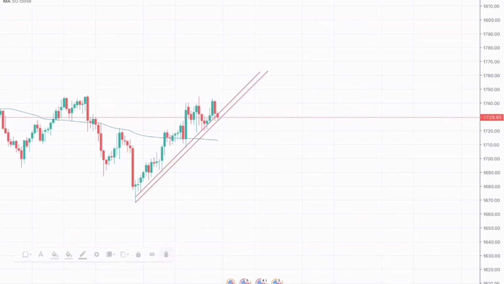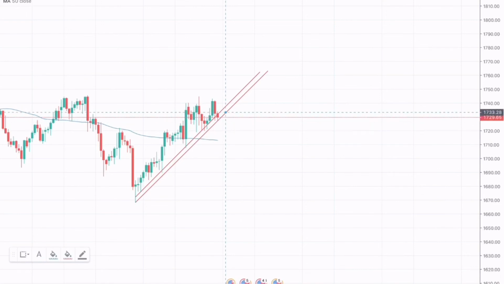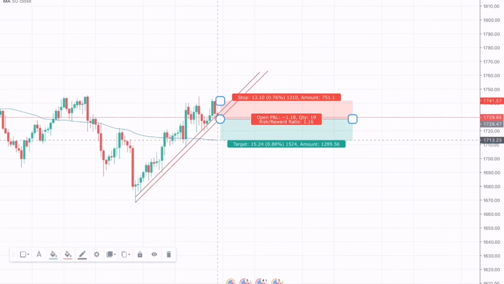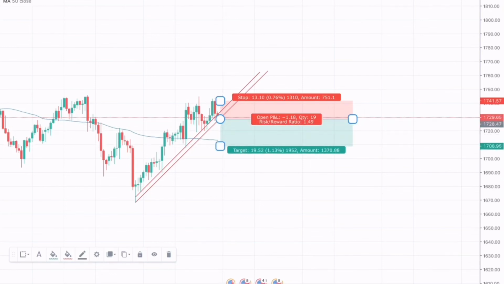However, this scenario can change totally to a bearish trend after a breakthrough of this support trend line, with a 1-hourly or 4-hourly candle closing below this trend line. Thus, a sell position can be created with the first take profit placed around 1708, which will give a reward of 1:1.